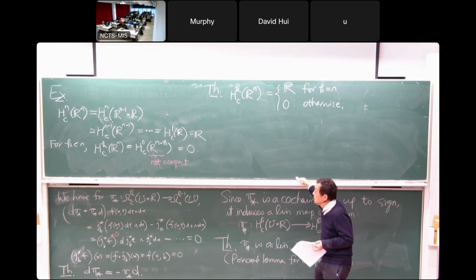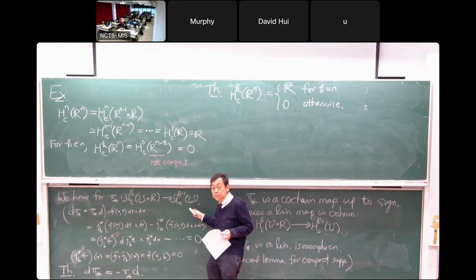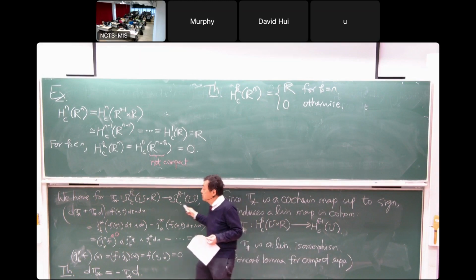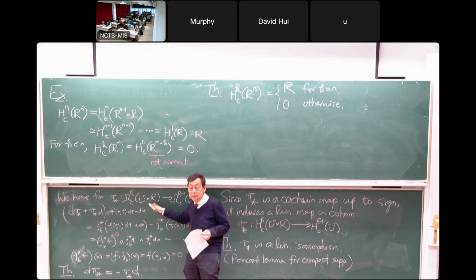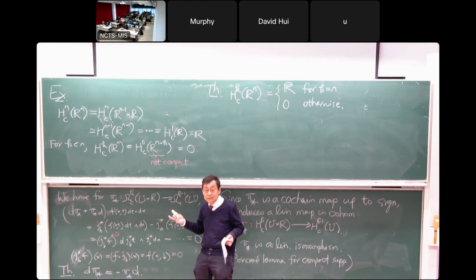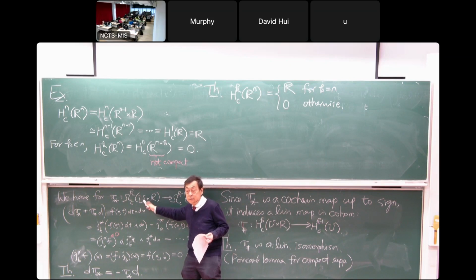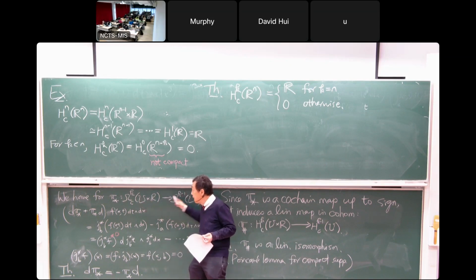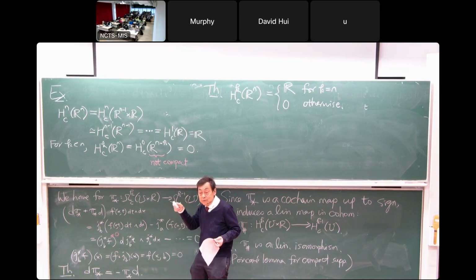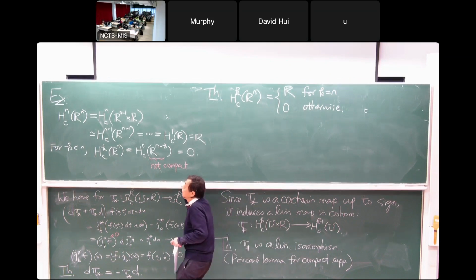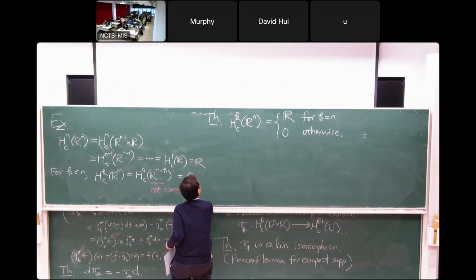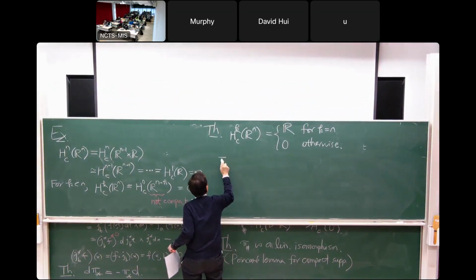You're going to start with a form on U, and you should wedge it with a form on T whose integral is 1. So that if you go this way, you wedge it with the form in T whose integral is 1. And then when you do pi lower star, the integral along the fiber gives you 1. So you end up with the original form. Yeah, so it's very easy to construct the inverse.